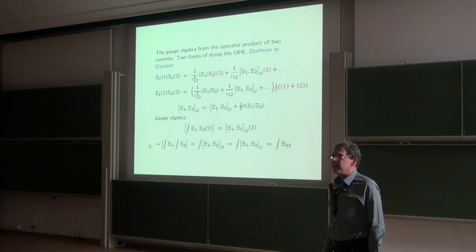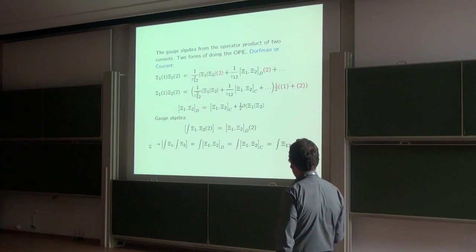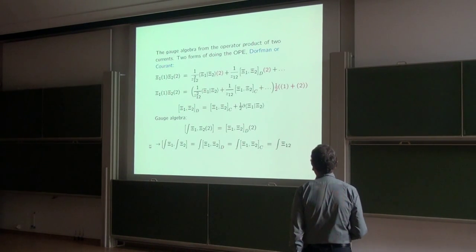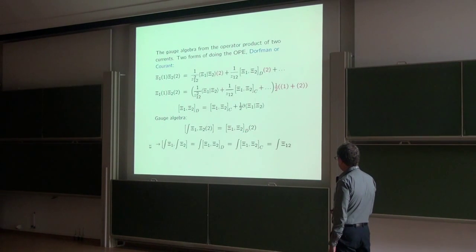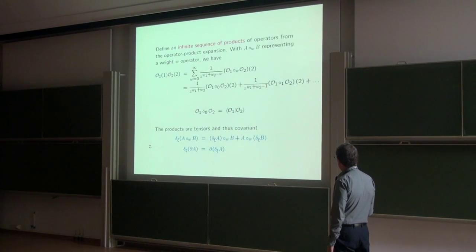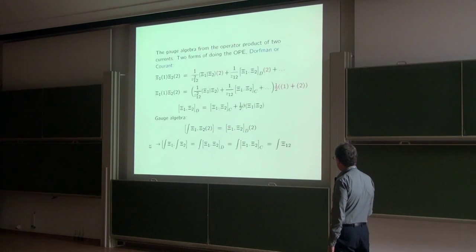I want to just mention that you can derive the Courant bracket and similar quantities by doing OPEs. So if you have two gauge parameters here, remember these were products of gauge parameters times currents.